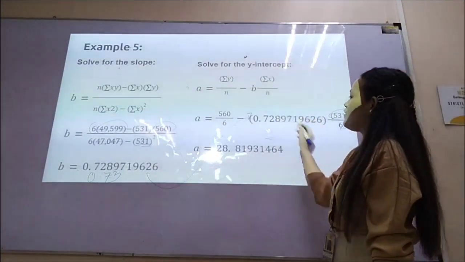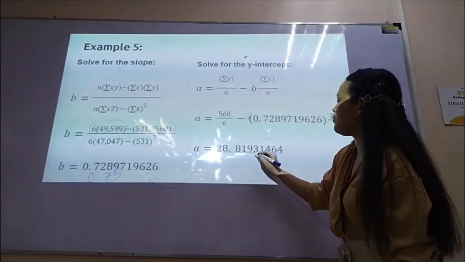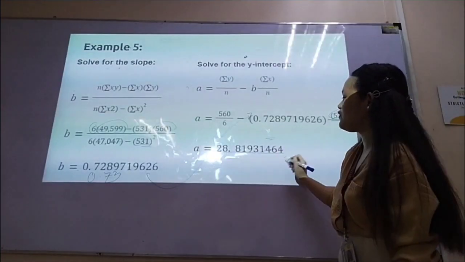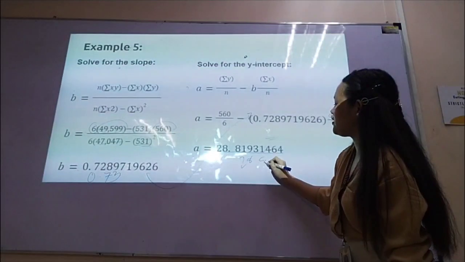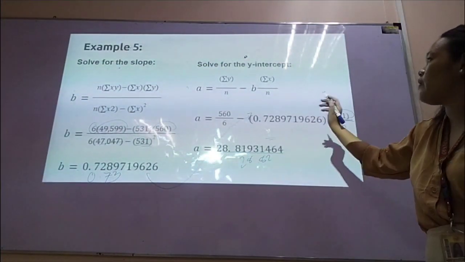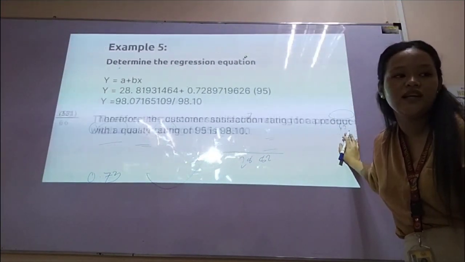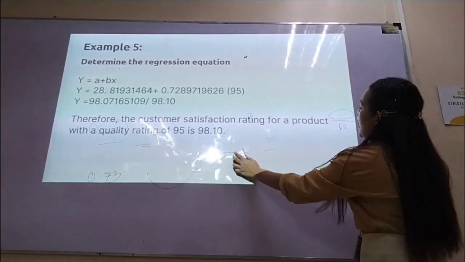If we solve all of this, we're going to arrive at the answer 28.81931464, or simply 28.82. Now that we already got our slope and the y-intercept, we can solve the linear regression, or we can predict the value that was asked earlier.